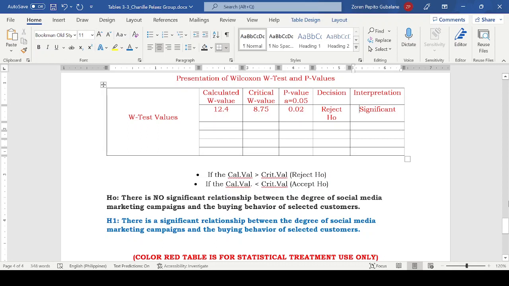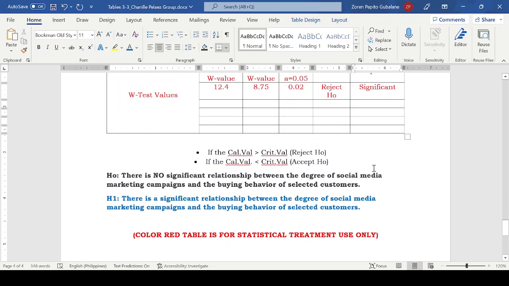If the social media marketing campaign is excellent, then the buying behavior of the customer goes with it. Okay, if the marketing campaign goes up in terms of score, responses, the buying behavior follows to go up also. So there is a directly proportional relationship. All right. So that's it.